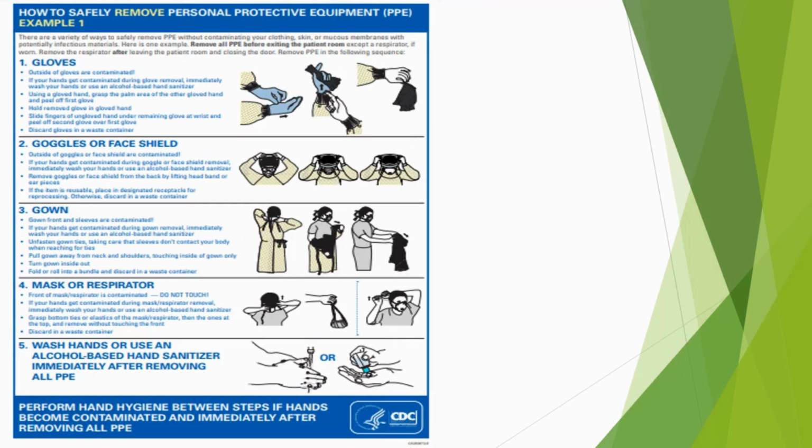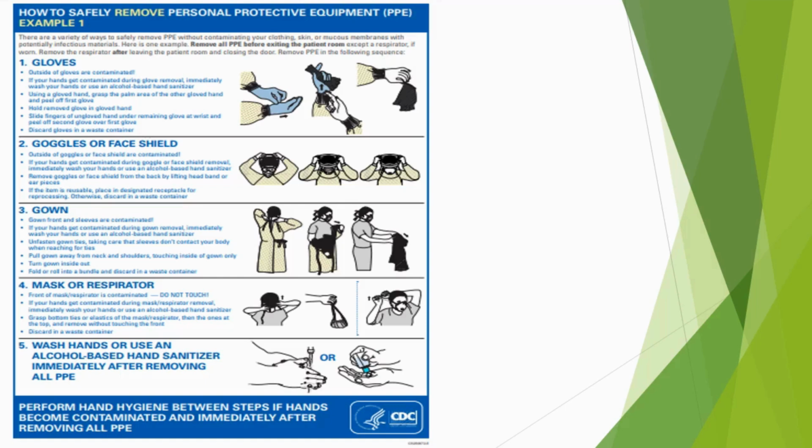The doffing of the PPE begins with the gloves. The outside of the gloves is contaminated, so if your hands get contaminated during glove removal, immediately wash your hands or use an alcohol based hand sanitizer.